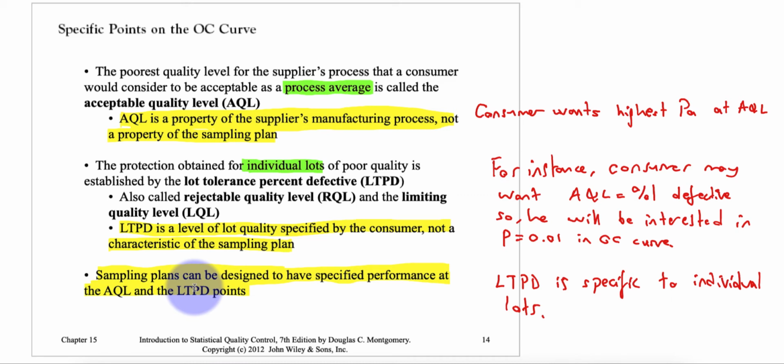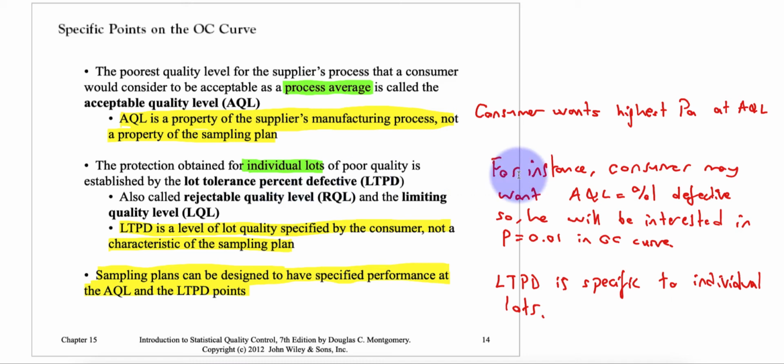Okay, they are important. So acceptable quality level is the poorest quality level the consumer can accept. And LTPD is the consumer's set value for protection from individual lots of poor quality. All right.